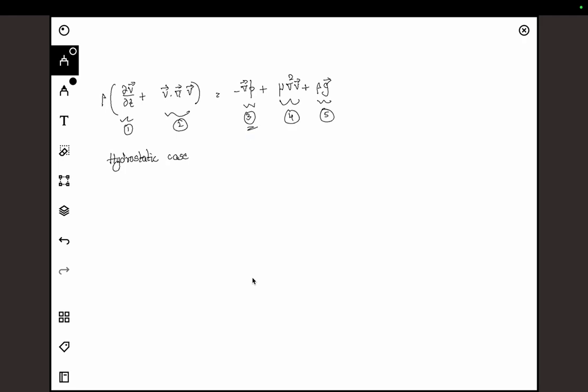Okay, and then, actually hydrostatic doesn't mean pressure is constant. Basically, let's say this scenario where you have a tank with some water in it. This is the water, and this is the free surface of that particular tank.